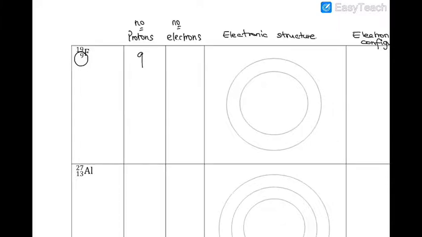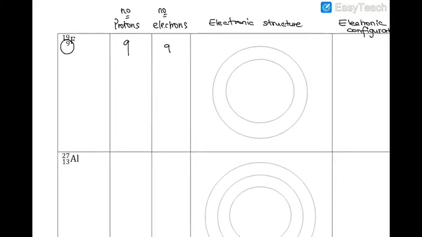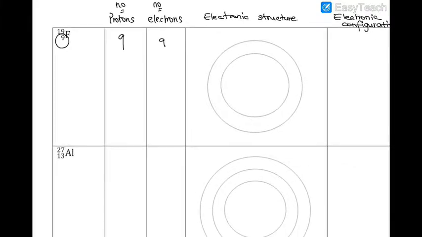Let's try another example, fluorine. Fluorine here has 9 protons, therefore it will have 9 electrons. The electronic structure will have the symbol at the center, and then we'll start filling in electrons. We have 9 electrons to fill in total. From the 9 electrons, the first 2 will go in the first shell, so let's subtract 2 from this.